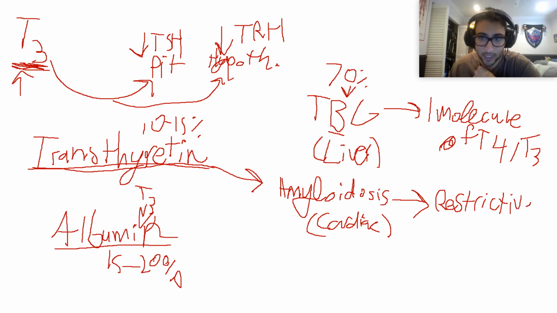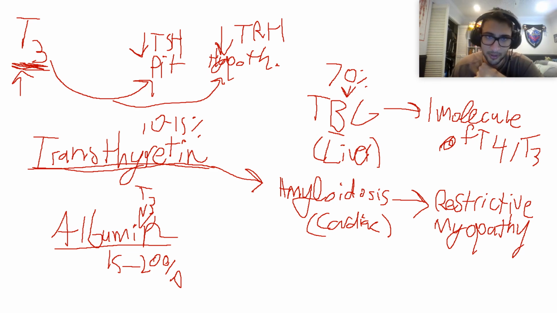All right, this is important. You must know this. It is critical that you know this. Transthyretin can form amyloid. That amyloid will interfere with the ability of the heart muscles to function properly, and that will cause a restrictive form of heart disease, cardiomyopathy.